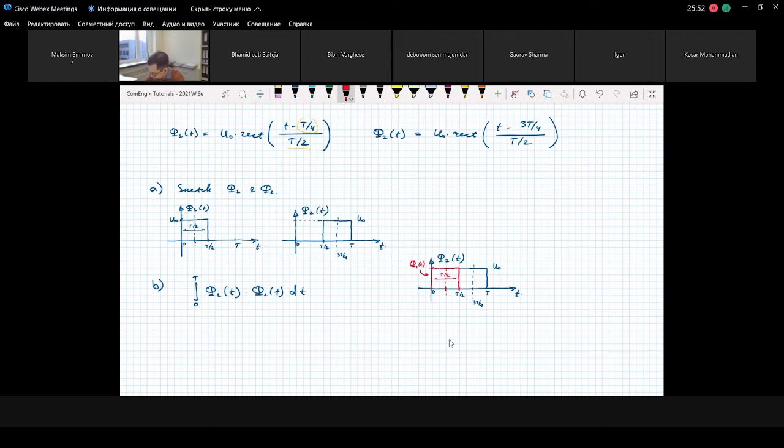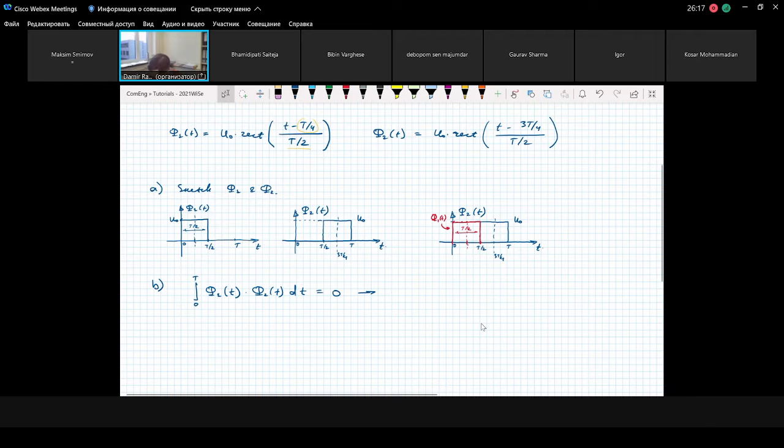You see that they do not overlap, they occupy different time sub-intervals of our symbol interval. As a result, the integral of this product will be equal to 0. It means that phi1(t) and phi2(t) are orthogonal.